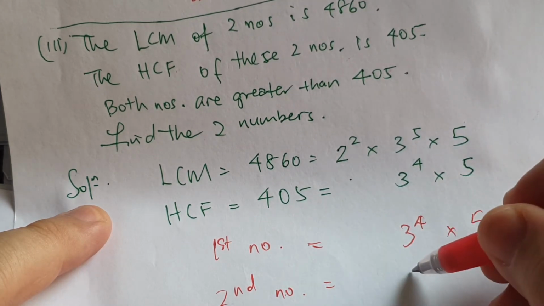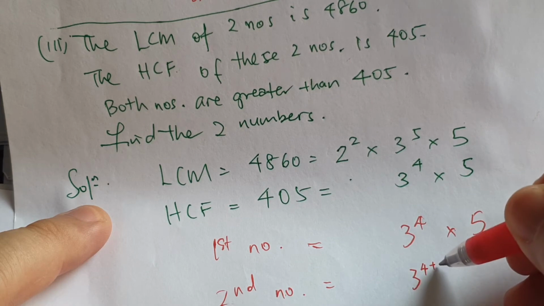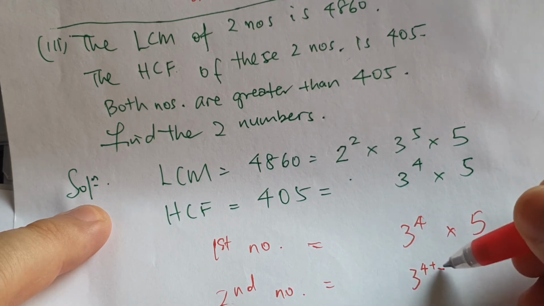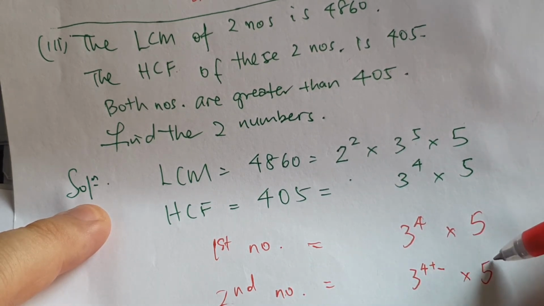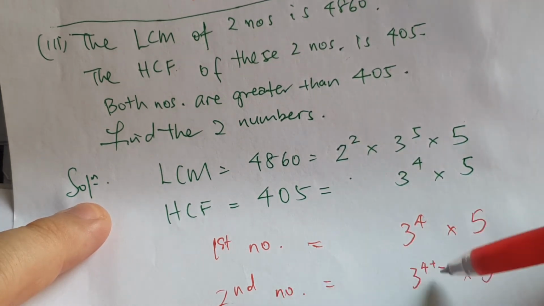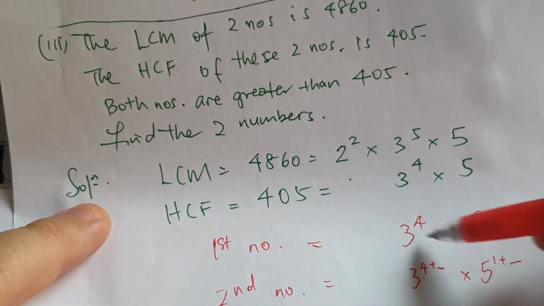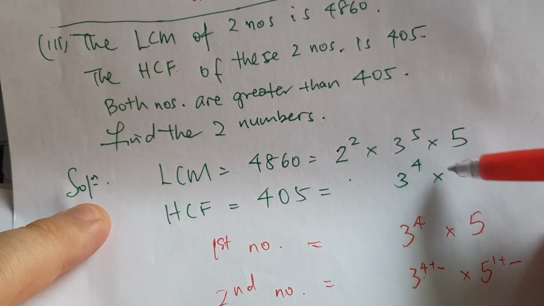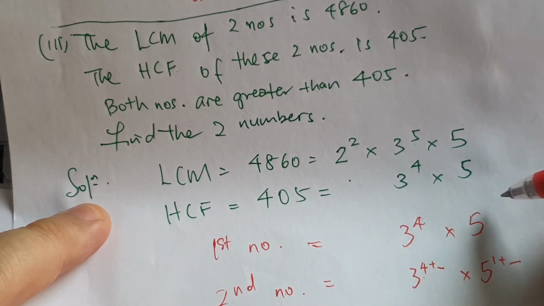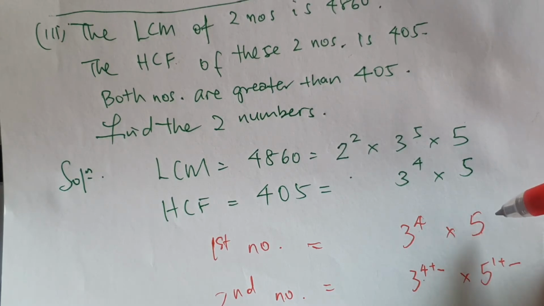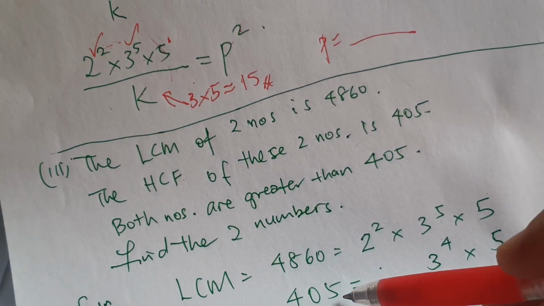That means this fella must have 3 to the power of 4 plus maybe something. We don't know. Maybe you don't have, and 5 to the power of 1 plus something. That means it can be more than this, but minimally both of them must have 3 to the power of 4 times 5. Okay? Now, 3 to the power of 4 times 5 is exactly 405.